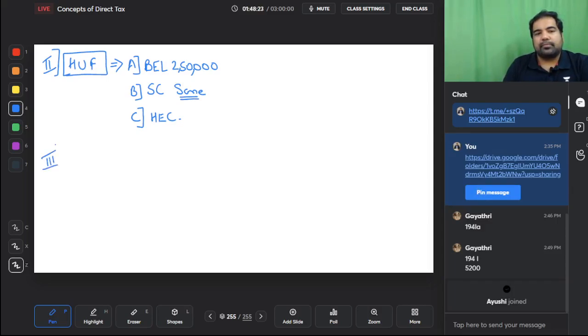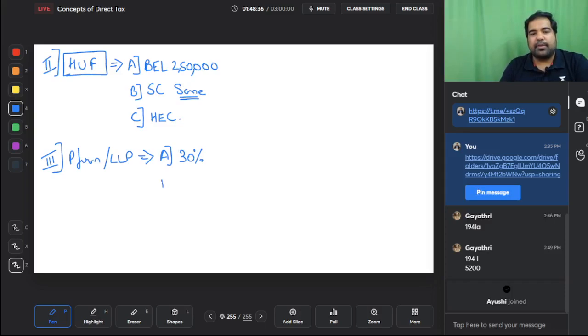3. What about a partnership firm or LLP? In that case, the A, basic charge, will be 30% flat, no basic exemption limit, no basic exemption limit. In B, the surcharge is very simple. If the total income is more than 1 crore, then surcharge will be at the rate of 12%.